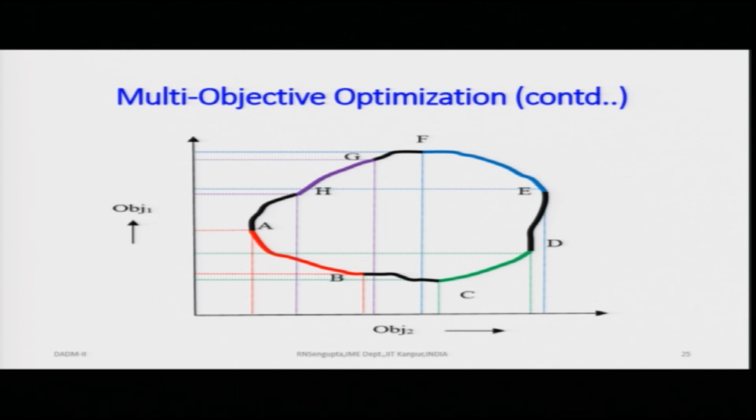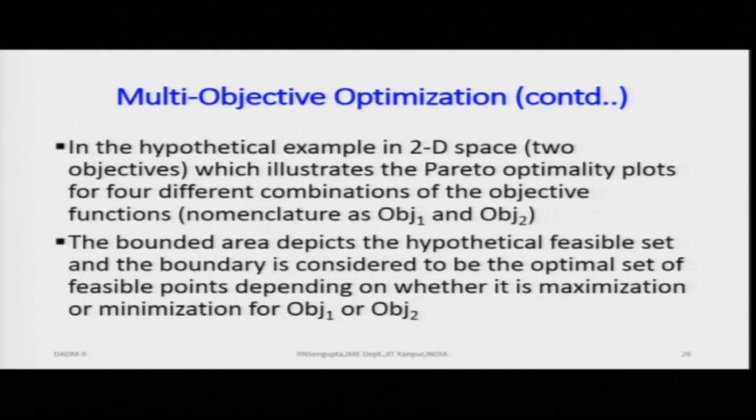So, if you have drawn this, now we will proceed, based on which I will mention the concept. Let us pay more attention to the colored lines, which are AB red, CD green, EF blue and GH violet. In this hypothetical example which you have drawn in 2 dimensions, it can be extended to 3 dimensions also, as I mentioned. There are 2 objectives.